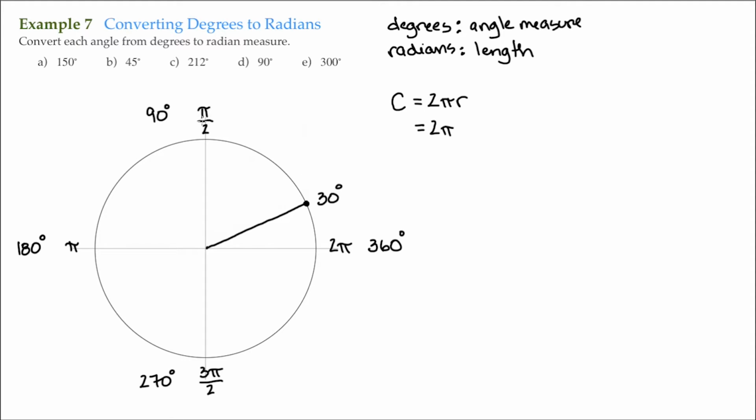And then 1/3 of pi over 2 is pi over 6. 60 degrees is twice 30 degrees. So that's 2 pi over 6, which simplifies to pi over 3. And that pattern also continues all the way around our unit circle.